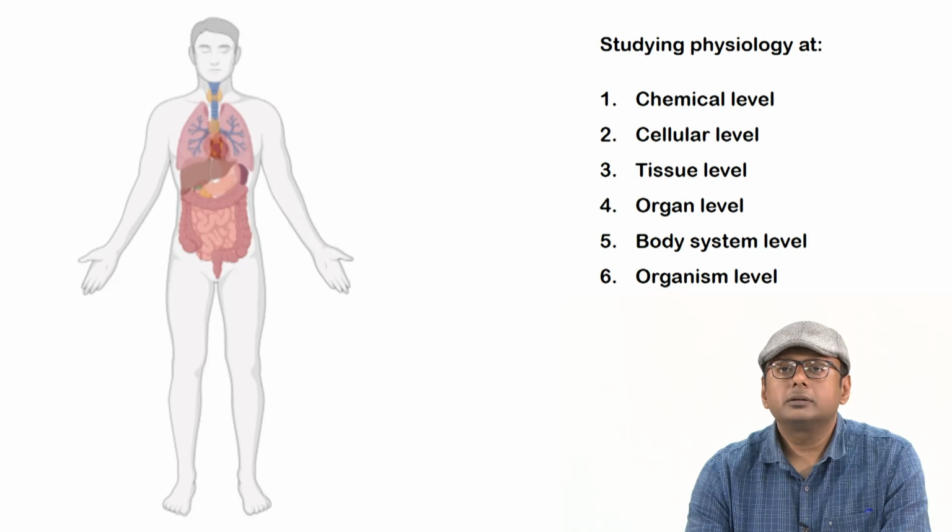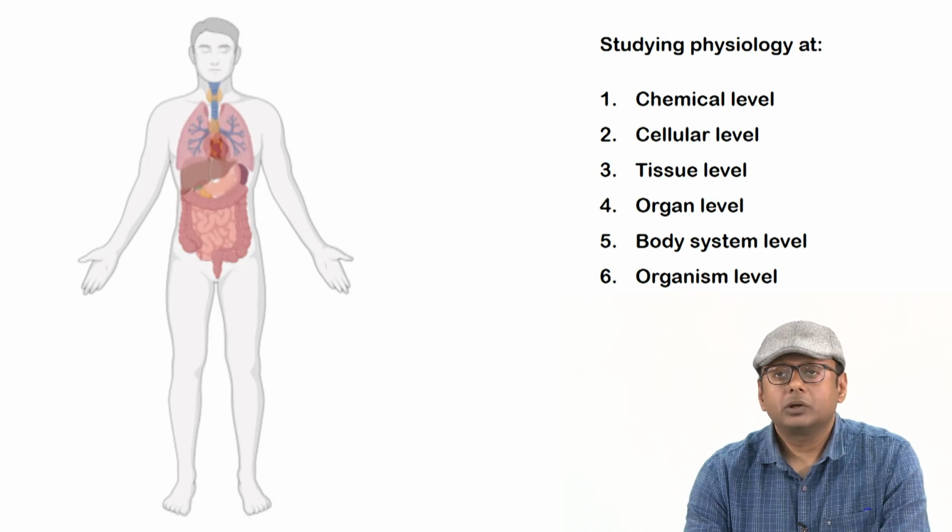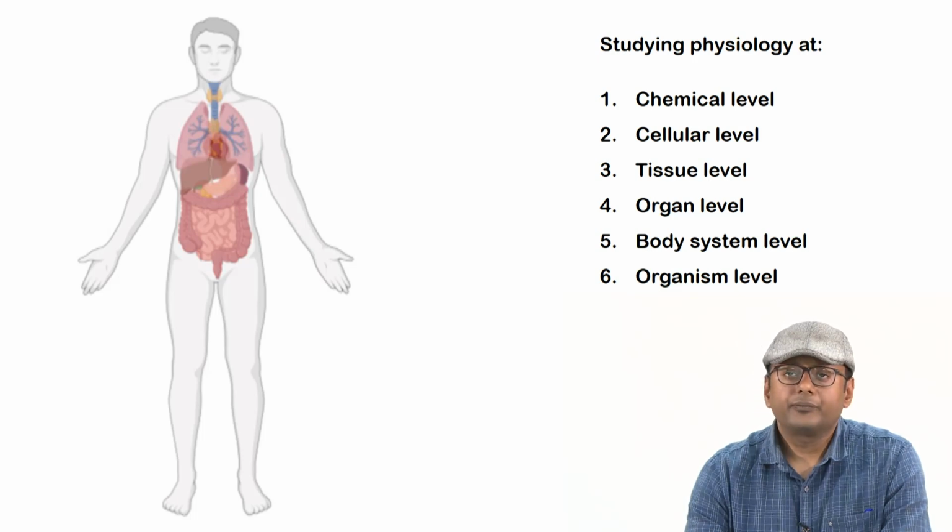But with growing concerns like environmental pollution, an increase in the rate of many diseases, and our food and other habits, different diseases are causing mayhem. So we need to really understand our human body, how every part functions.